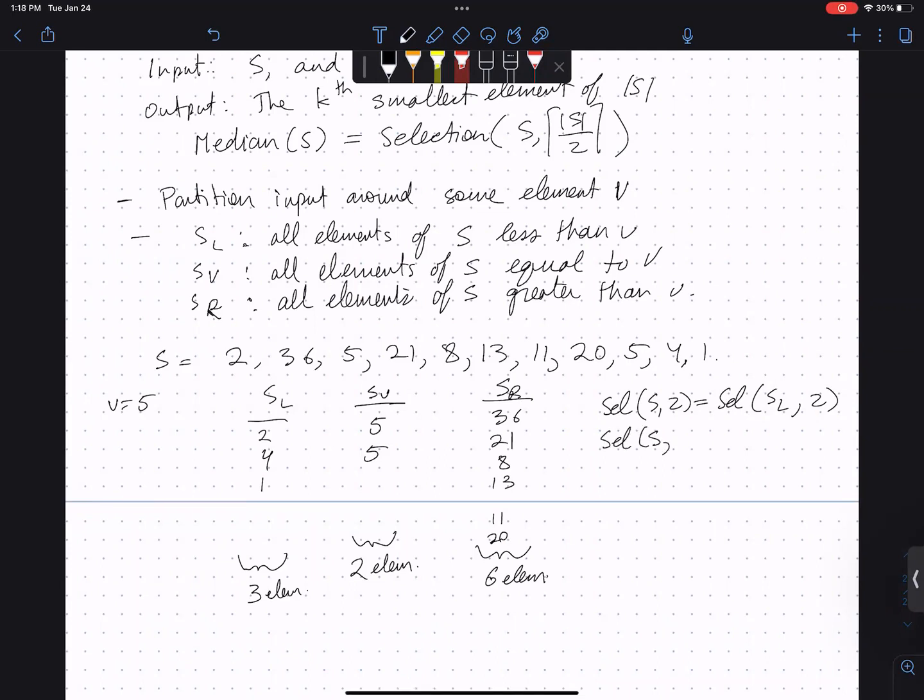Select S of 4, as we talked about, is select in the middle 4 minus 3, 1. So this 3 is the size of SL. If I do select S8, this is equal to select SR 8 minus 3 minus 2. So just get the smaller elements out of the way. That's not the algorithm, that's just the intuition of how you could use this partitioning to recurse.